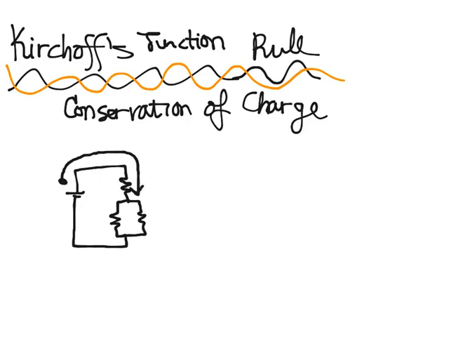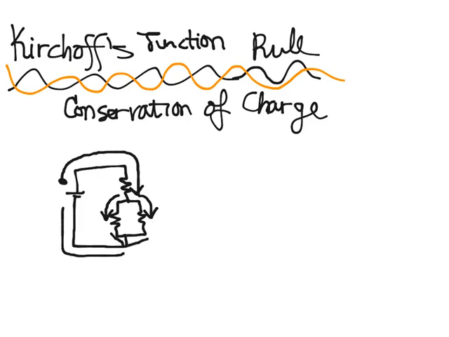Once our circuit branches off, some fraction of the electrons go one way, and then one fraction of the electrons go the other way.